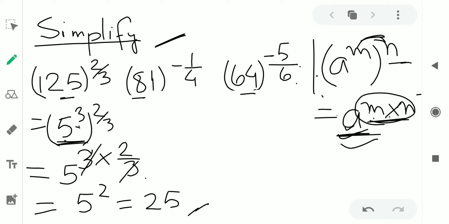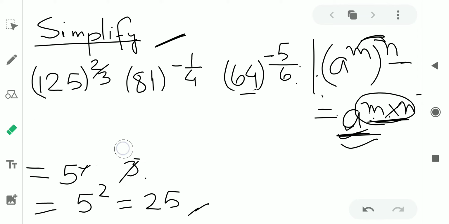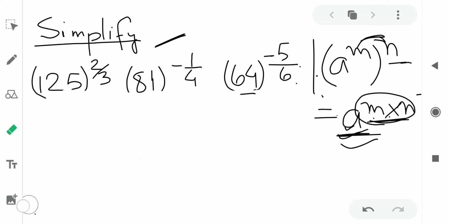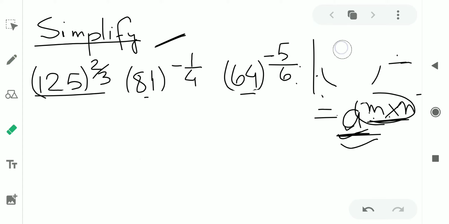So let's try to solve the next question. Let's solve number 2, the second type of question that we have on the board here. The first we have done just now. Now see the 81. So let me clear this part also.